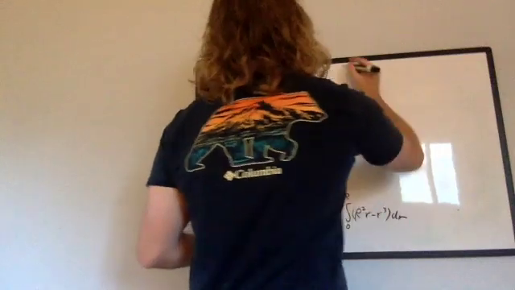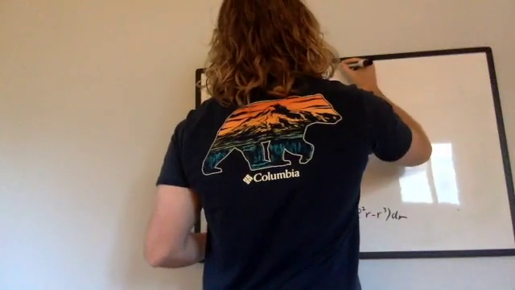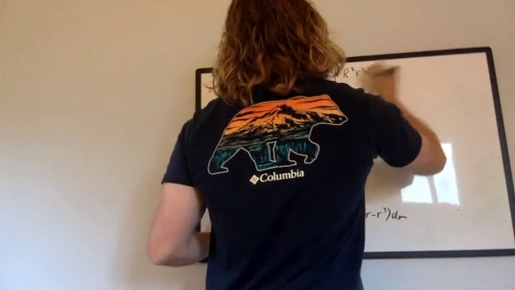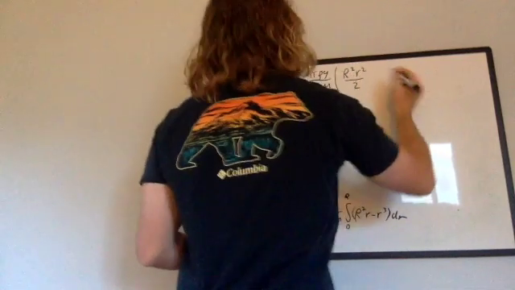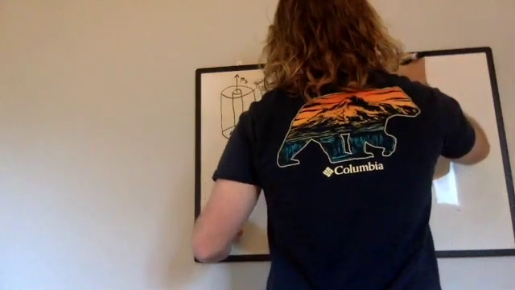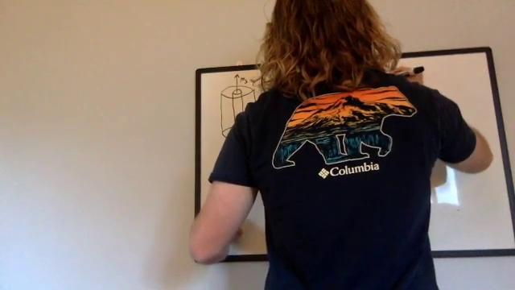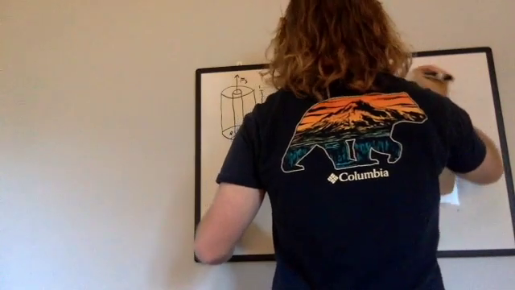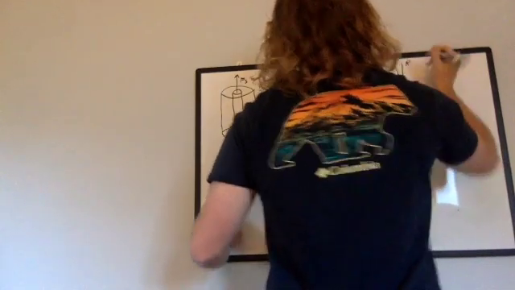So this is going to become big R squared times little r squared over 2 minus r to the 4th over 4. And then this is going to be evaluated from 0 to R.